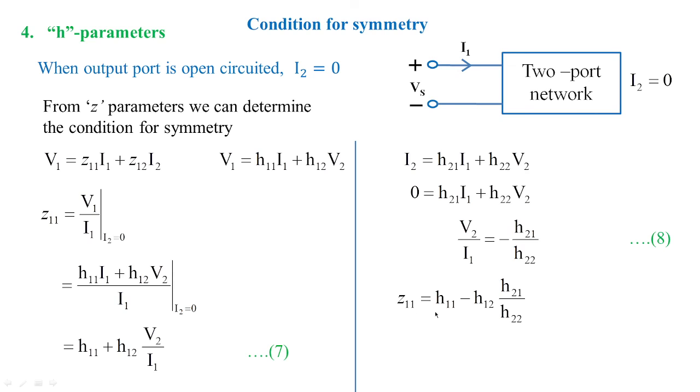Now Z11 will be equivalent to H11, that is this value from equation 7, minus H12 H21 by H22, which will give you the value of Z11 to be equivalent to H11 H22 minus H12 H21 whole divided by H22. So the value of Z11 will be equivalent to delta H, because this is the determinant value, divided by H22. This we are treating as equation 9.